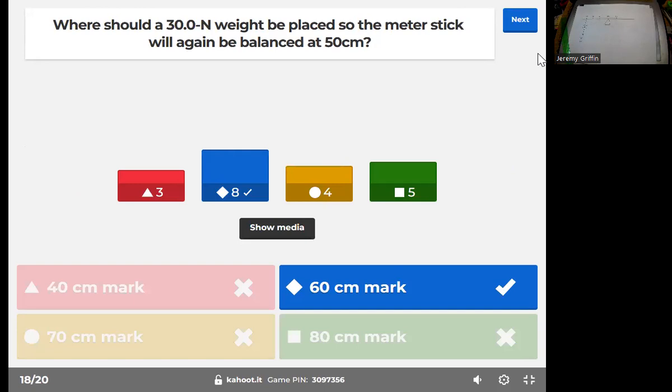Ooh, all right. That's a tough one, looks like. All right, so why 60 centimeters?